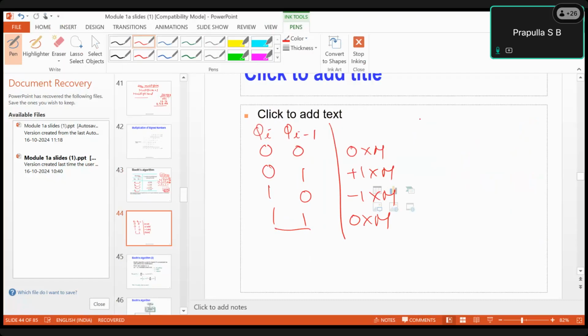Say, for example, I have some numbers. This is my multiplier and this is my multiplicand. When I multiply with 0, I will get 0. Then with 1 I am multiplying, so I should write the multiplicand as it is, 1 1 0 1.